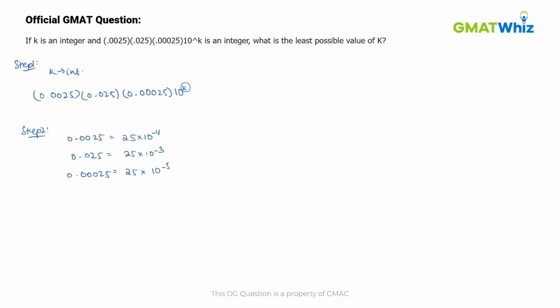Now, when we combine this, we can write 0.0025 multiplied by 0.025 multiplied by 0.00025 as equal to 25 times 10 to the power minus 4 multiplied by 25 times 10 to the power minus 3 multiplied by 25 times 10 to the power minus 5.